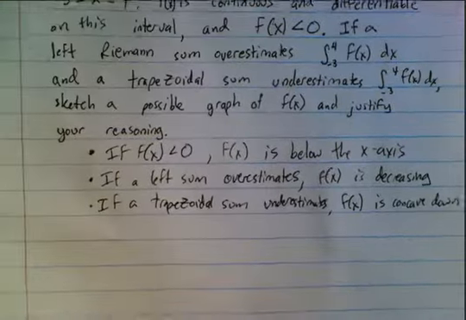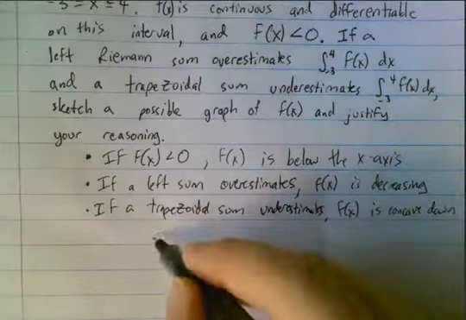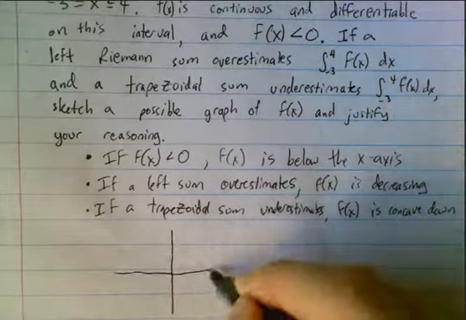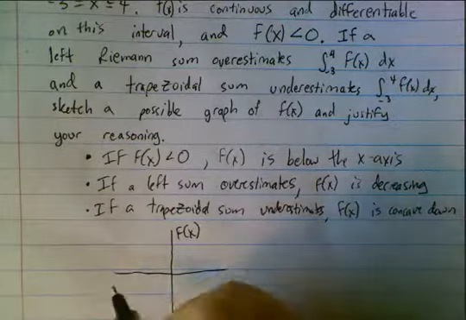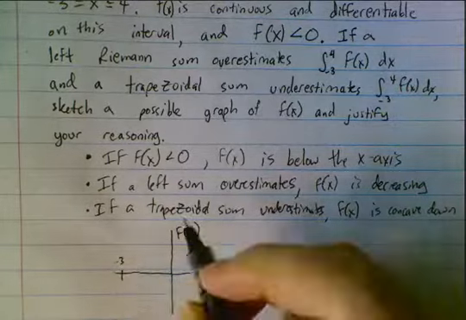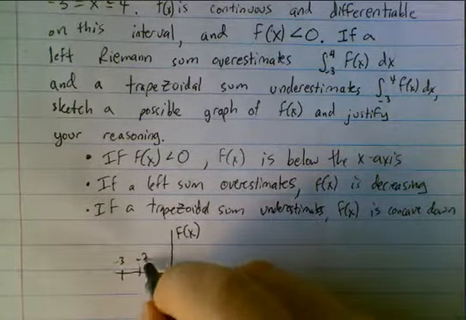So what we want to do is sketch a graph and go from -3 to 4, because we don't know anything about what happens beyond that.